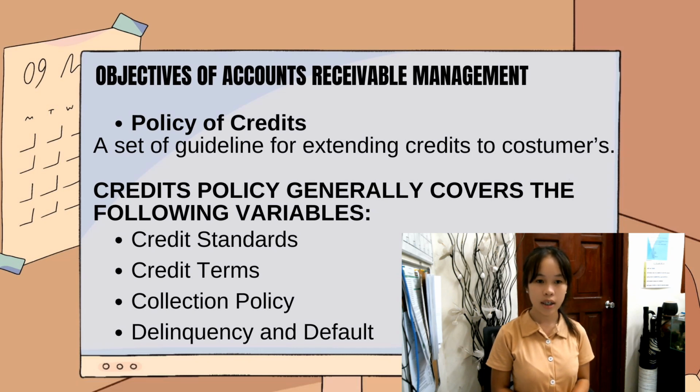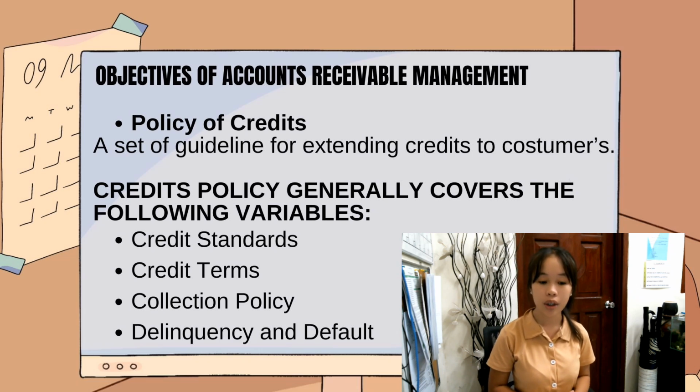And next is credit policy. Credit policy is a set of guidelines for extending credit to consumers. The success or failure of a business depends primarily on demand for its products. As a rule, the higher its sales, the larger its profits, and the higher the value of the stock. Sales in turn depend on a number of factors, some exogenous but others under the control of the firm.